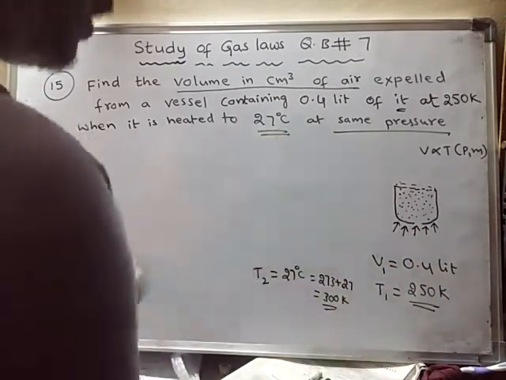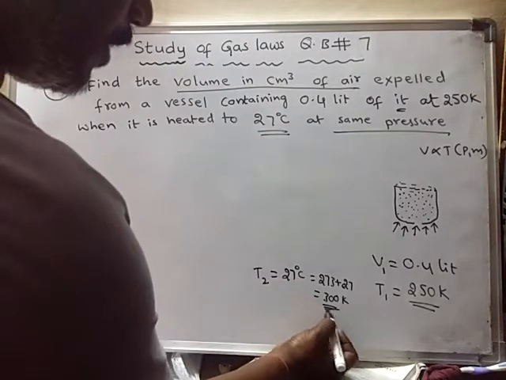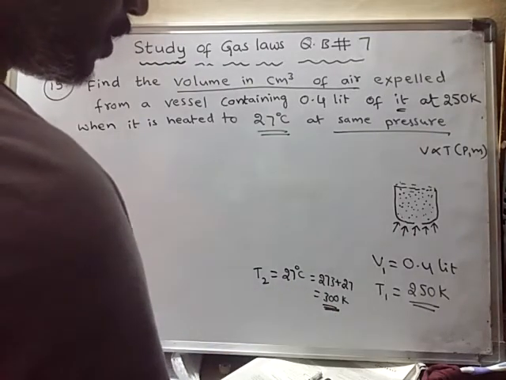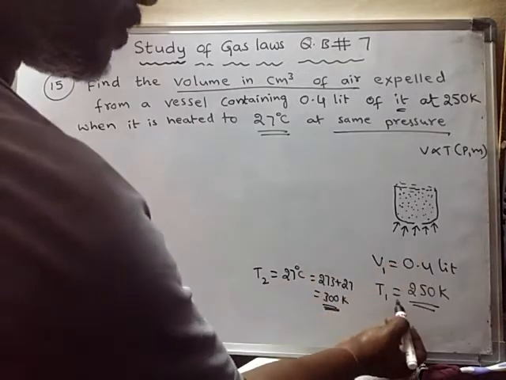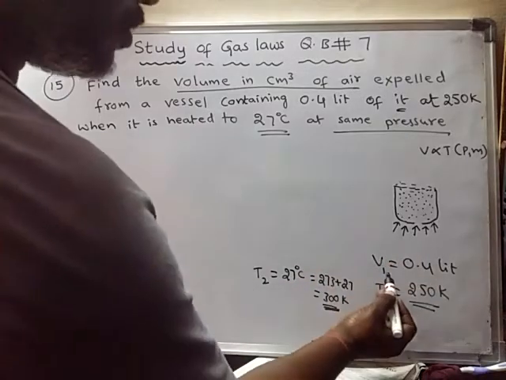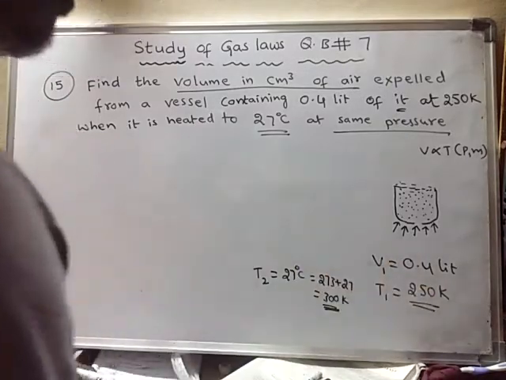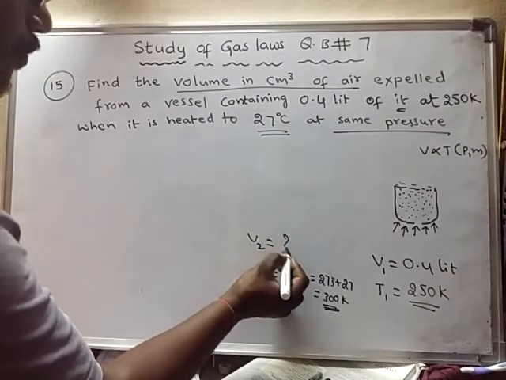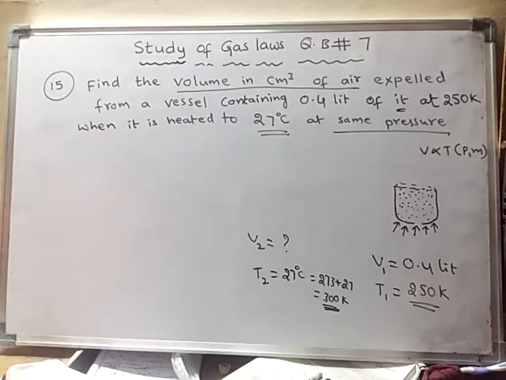To 27 degrees centigrade, that means 300 Kelvin. So the final temperature is 300 Kelvin. The initial temperature was 250 Kelvin and the initial volume was 0.4 liters. Then what will be the final volume? We have to find the final volume first.